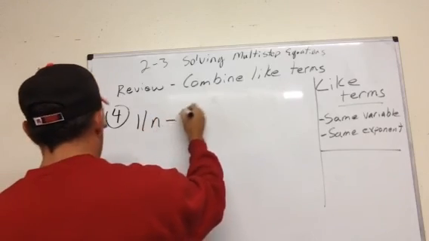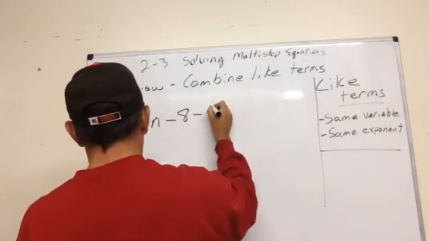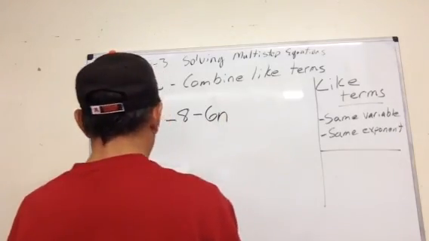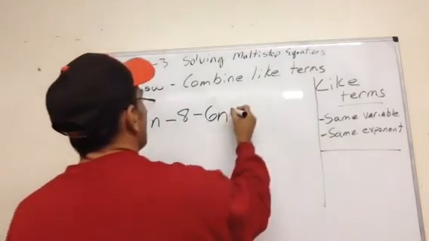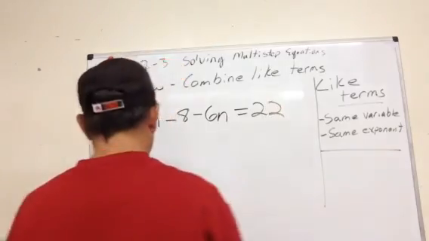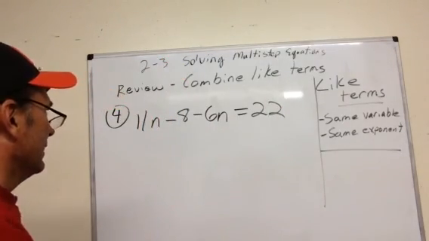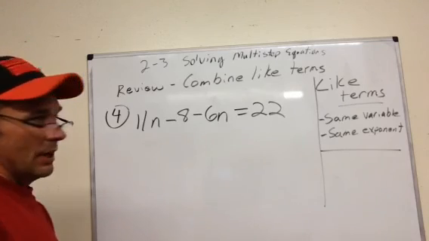11n minus 8 minus 6n equals 22. And in your notes that should be a 6n instead of m. Now, we look at this.